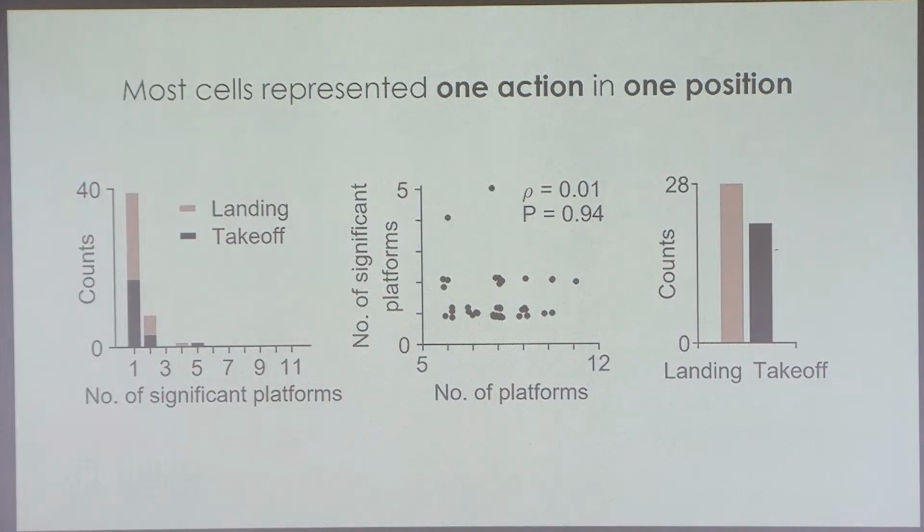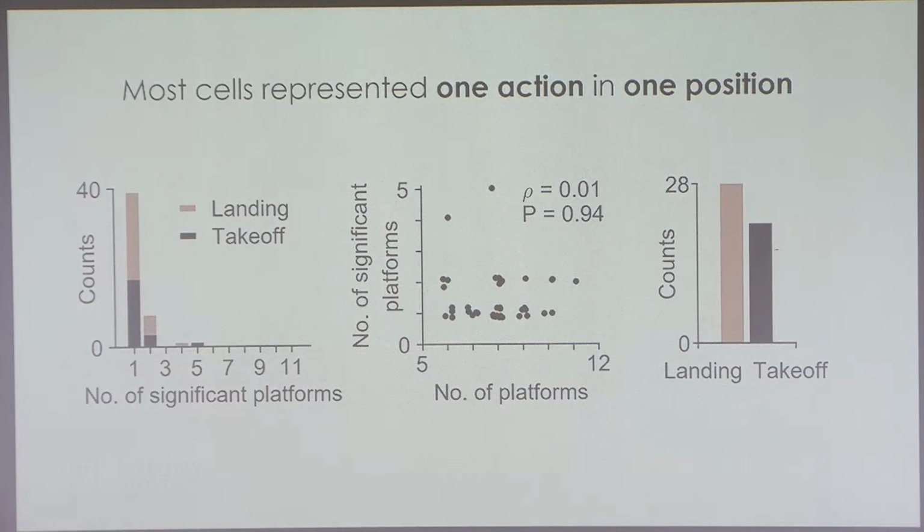Now, most of the cells that we found, this is in a way a wasteful code. Most of the cells we found represented one action and one position. So you can see on the left the number of significant platforms on the x-axis, mostly around 1.